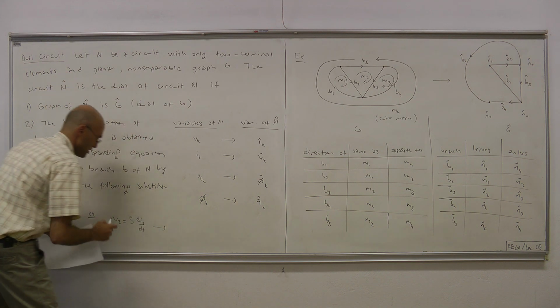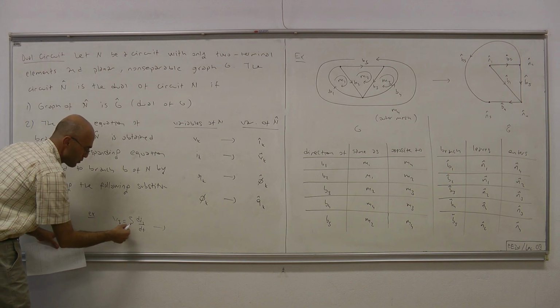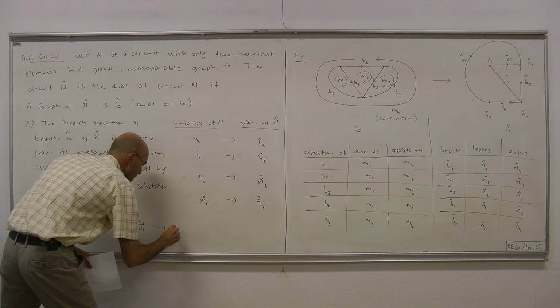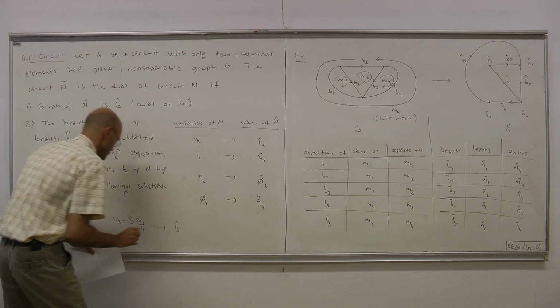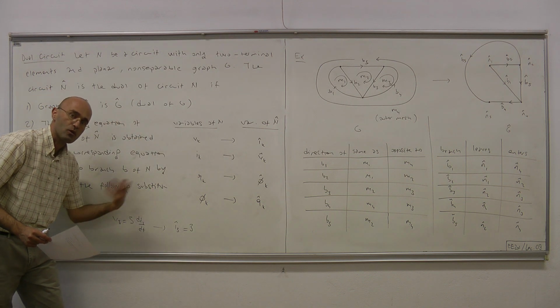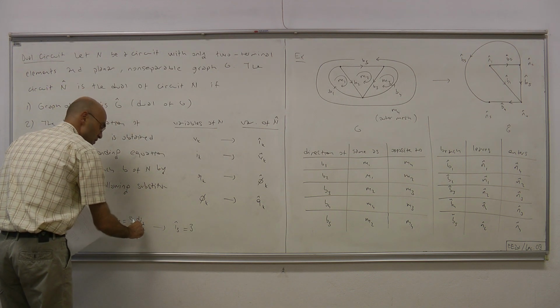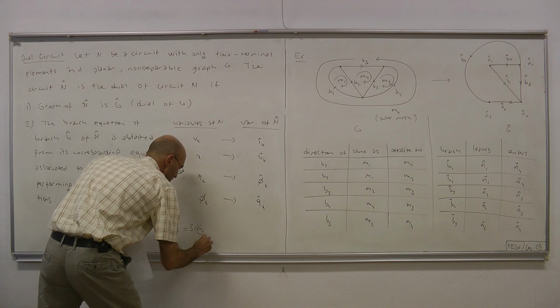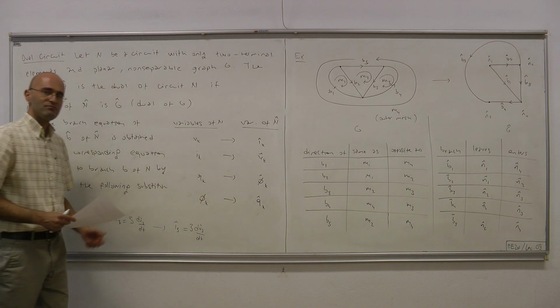You just swap voltage with current and current by voltage. In other words, V3 becomes I3 hat equals 3. You don't touch the constants or other functions. And here this I3 becomes V3 hat, dV3 hat over dt.